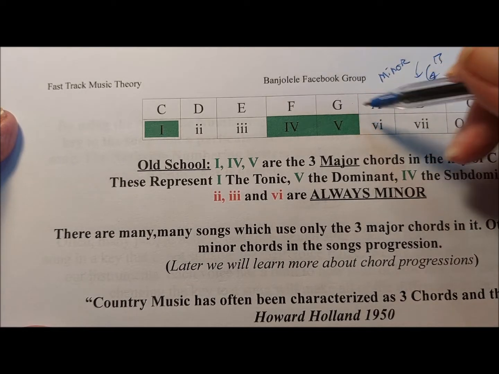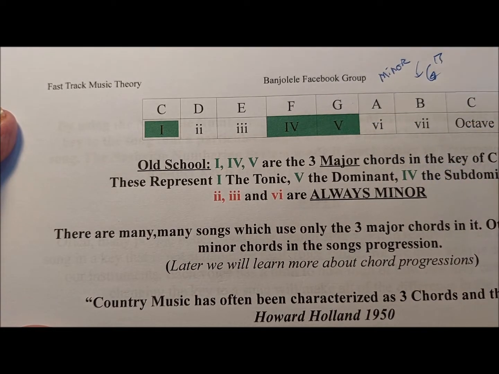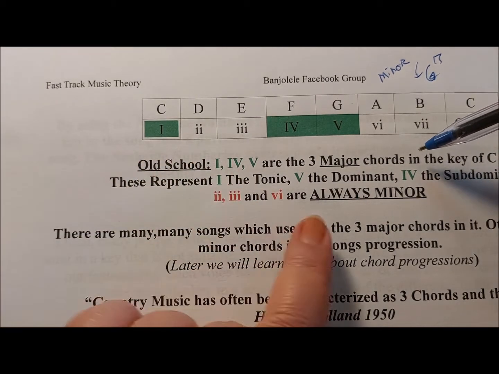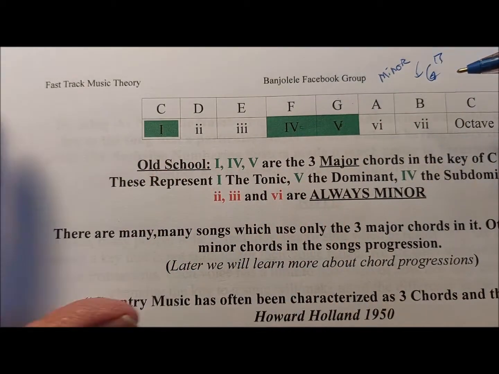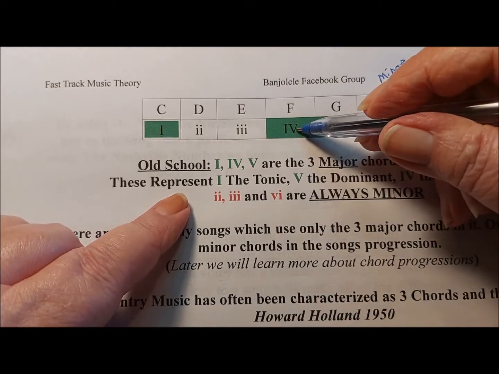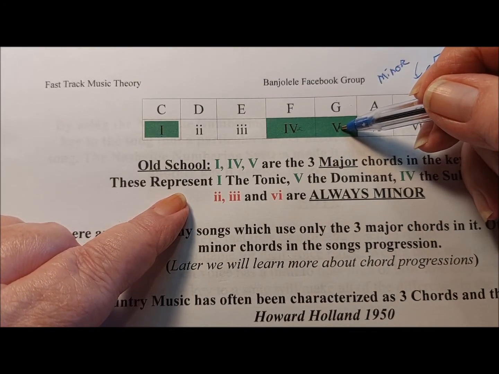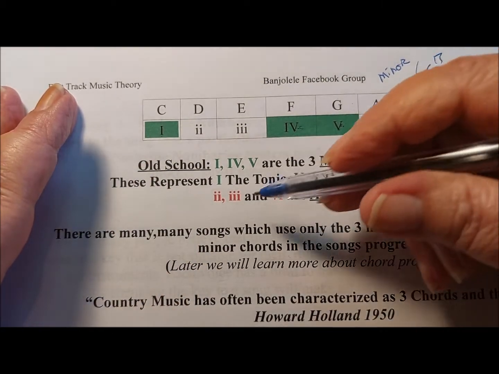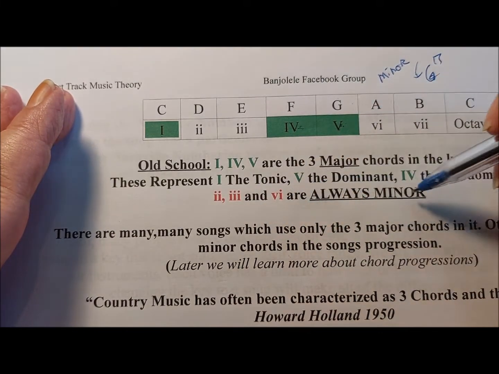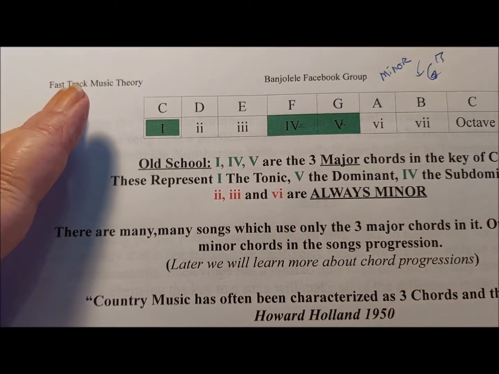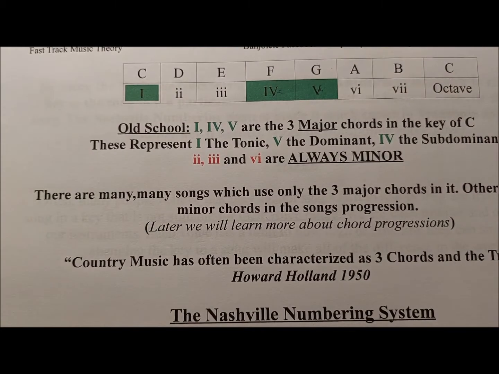So C, F, and G are the major chords, the three major chords in the key of C, and they represent 1, 4, and 5. 4 is subdominant, 5 is dominant. You don't have to remember that, just so you know. 2, 3, and 6 are always minor. We'll show you how to do a major chord and a minor chord later on.